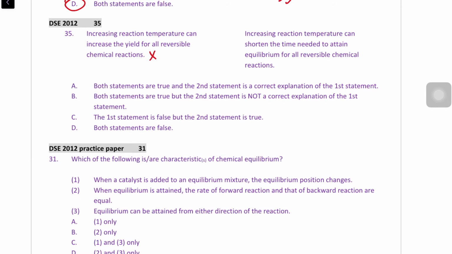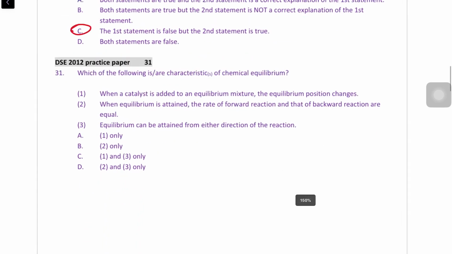Second statement, increased reaction temperature can shorten the time needed to attain equilibrium. This is correct because increased temperature can increase the reaction rate for both forward and backward. That means it takes less time to achieve the equilibrium state, right? So the answer is C.